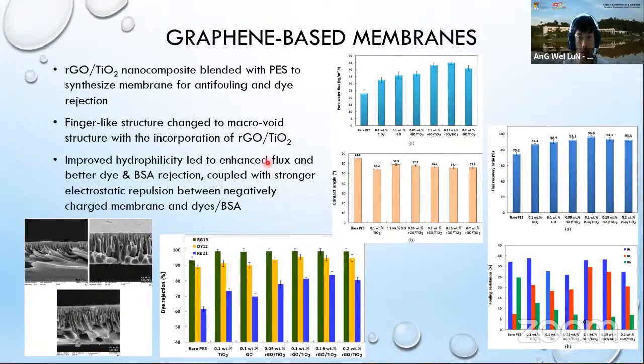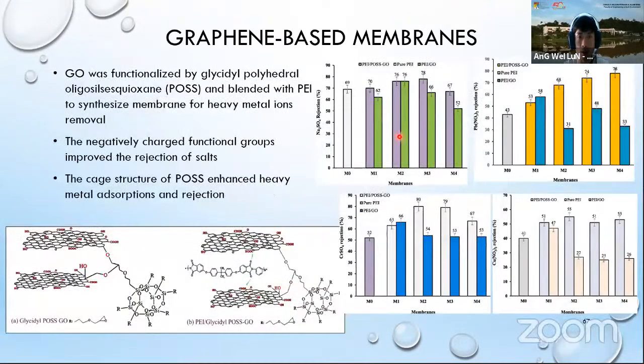So not only can the membrane reject the pollutants, but at the same time, because of the presence of this titanium oxide, if you shine UV light on it, you can degrade the pollutants and impurities present on the membrane surface. So basically, you are helping to recover the membrane performance, okay? Because the pollutants are already clogging the surface, so you degrade them, so you can clean the membrane surface for filtration performance.